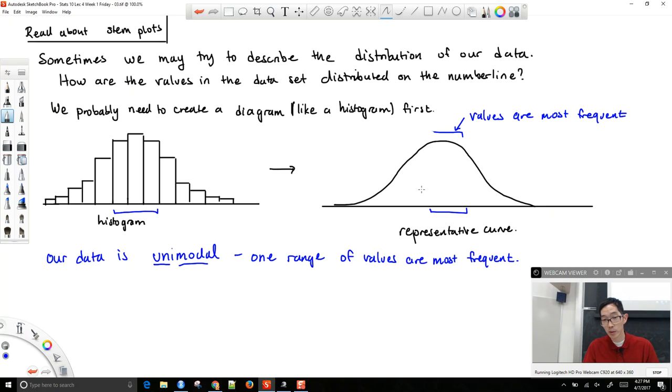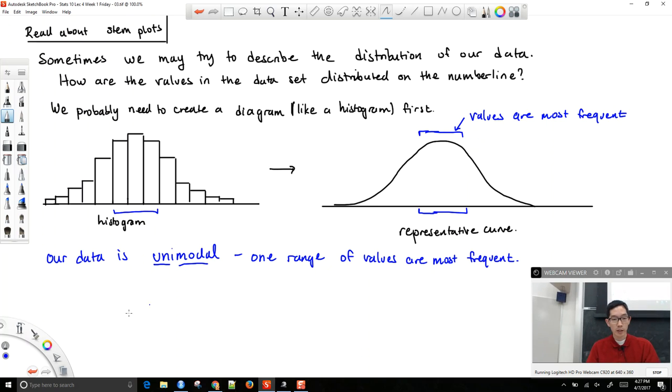I should probably spread this out a tiny bit. So our data is unimodal, one range of values are most frequent.